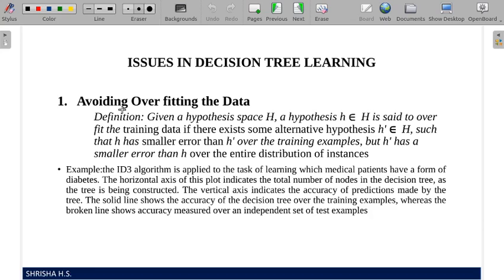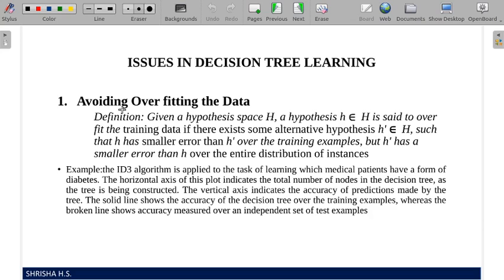The accuracy of prediction of H over the training data is better than H dash. But H dash has better accuracy over the entire distribution of instances, which means test data or a new instance as well.